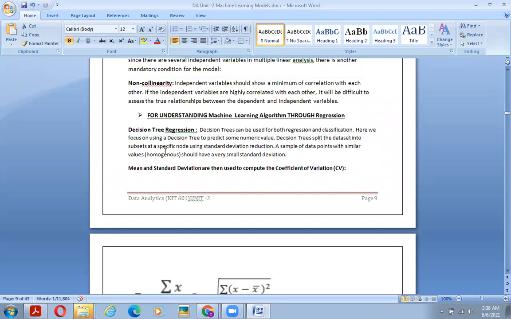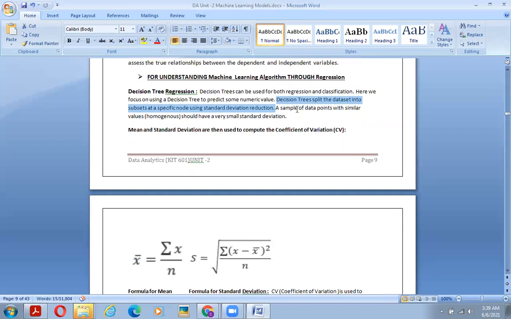A decision tree splits the data set into subsets at a specific node using standard deviation reduction. Samples of data points with similar, homogeneous values should have a very small standard deviation.